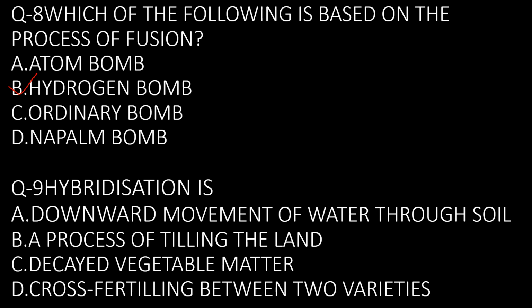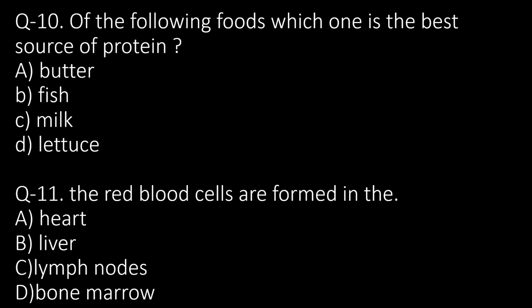Our next question is: hybridization is. And the right answer is option D, cross fertilizing between two varieties. Our next question is: which of the following food is the best source of protein?